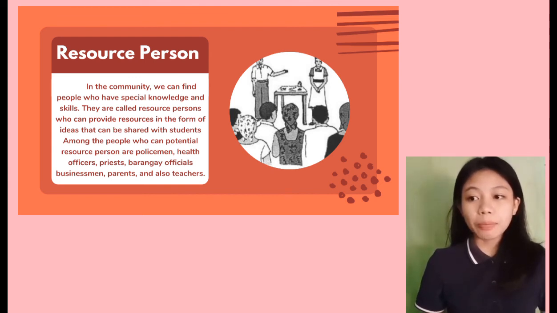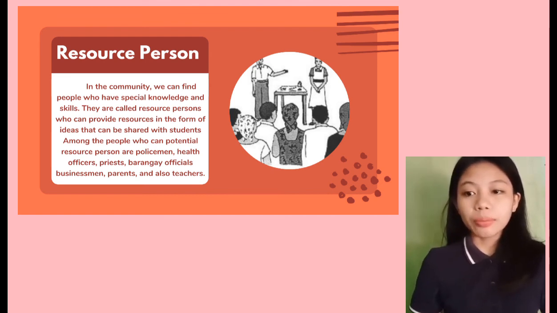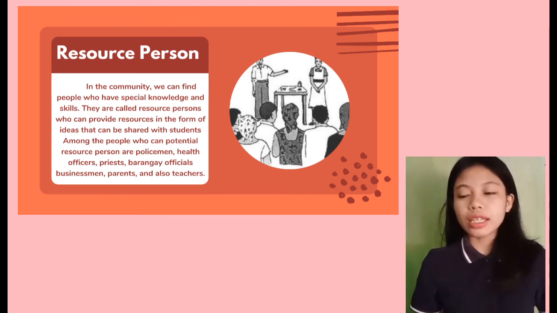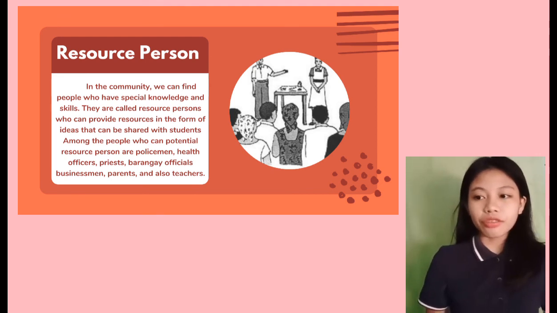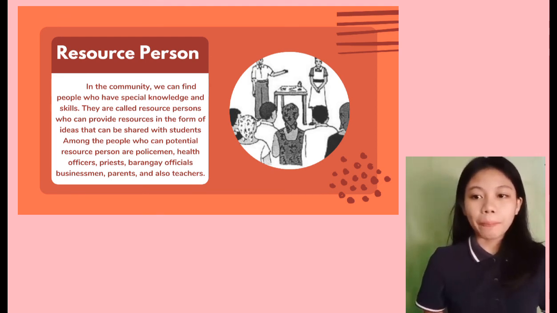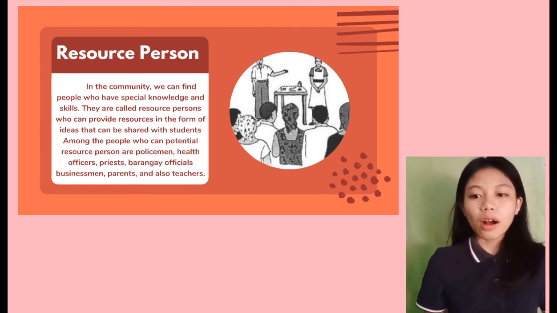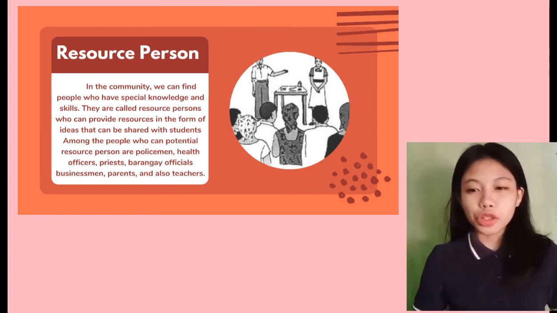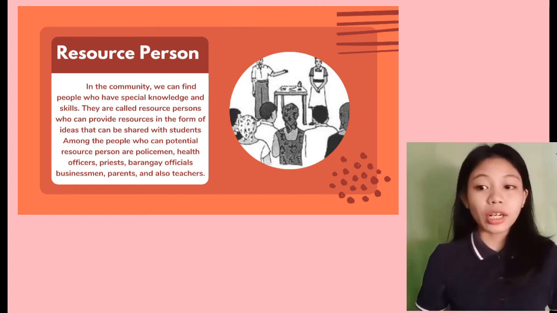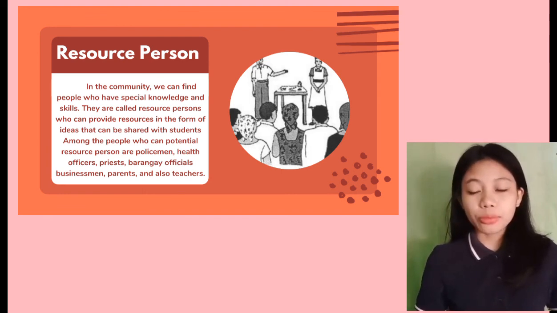Among the people who are potential resources are policemen, health officers, priests, barangay officials, businessmen, parents, and also teachers, because a resource person is a source of information. The advantage is that a resource person can explain topics more accurately and interestingly than classroom teachers.